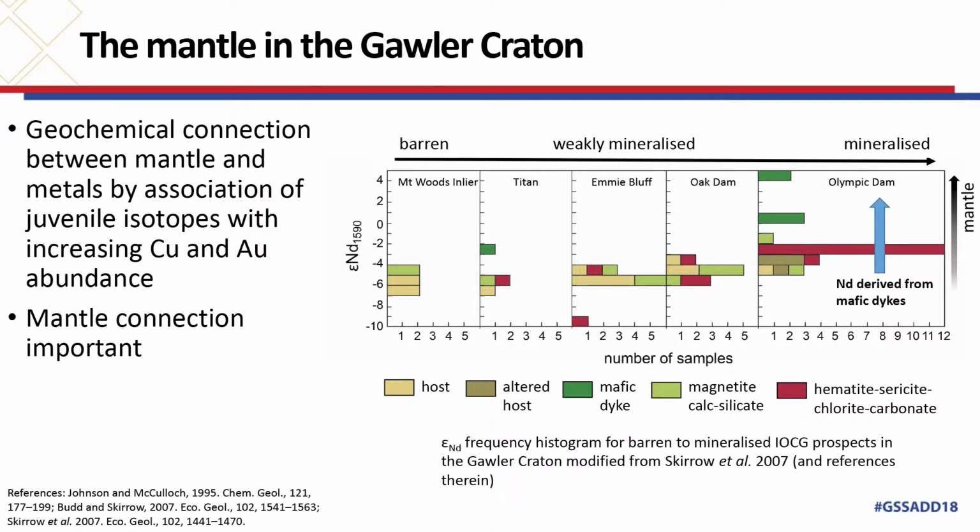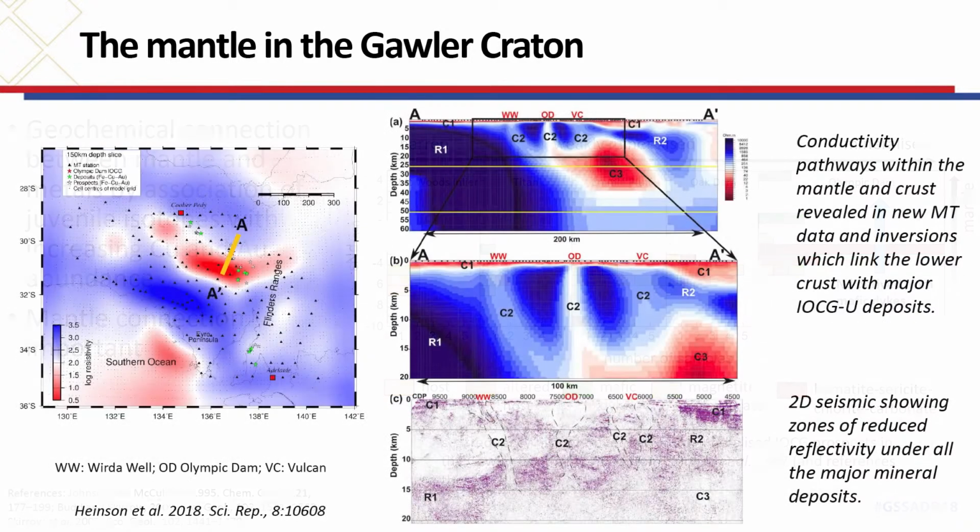This has been later confirmed by geophysical studies. So here we have magnetotellurics, which show clear conductivity pathways between the lower crust and mantle, linking towards 3 of the main ICG deposits in the Gawler Craton. And so here we're getting confirmation from the geochemistry and the geophysics, suggesting that we've got this important mantle input.